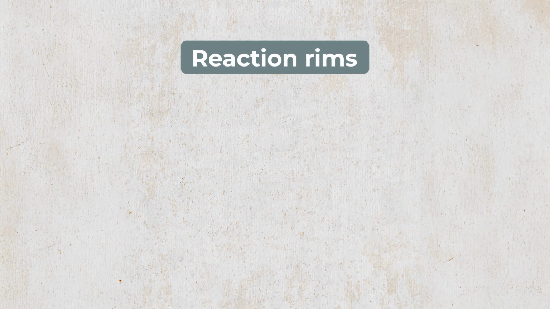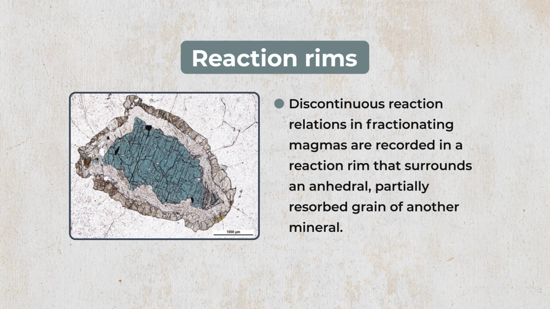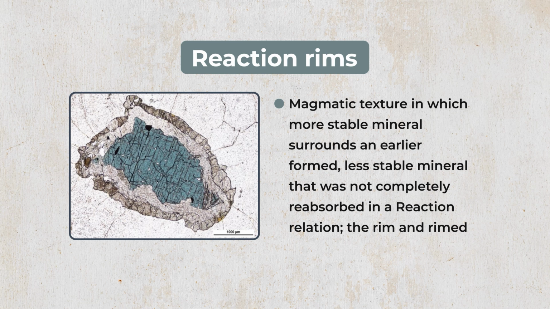Now reaction rims are the product of discontinuous reaction relations. They indicate discontinuous reaction relations in fractionating magmas and are recorded in a reaction rim that surrounds an anhedral, partly reabsorbed grain of another mineral. It is a magmatic texture in which a more stable mineral surrounds an earlier formed, less stable mineral that was not completely reabsorbed in a reaction relation.